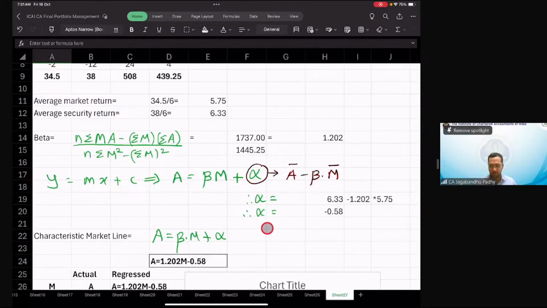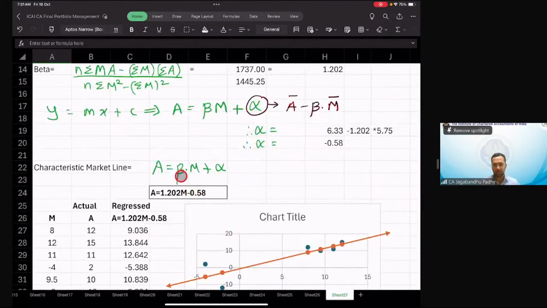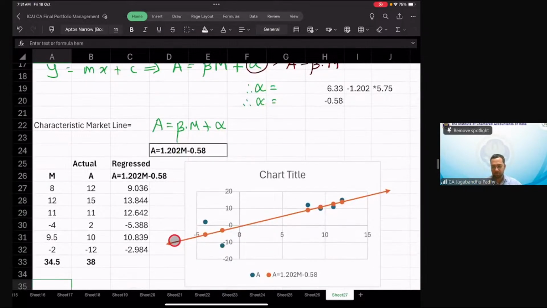Okay, so we have the alpha number. Alpha is minus 0.58. Right, so we simply substitute the values and we get the value of alpha. When we substitute that alpha and beta over here, we get this particular line. So we said that return of A will be 1.202 times the market, added to it the alpha value, which is a constant term.